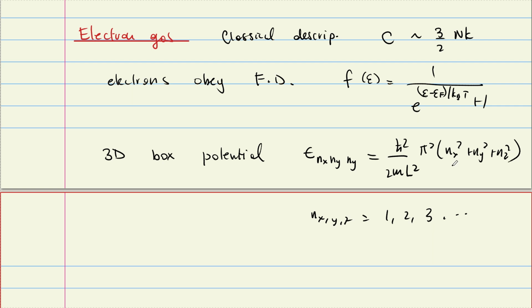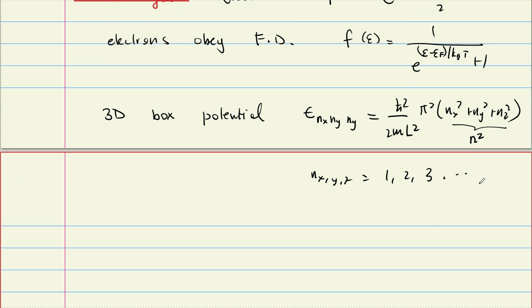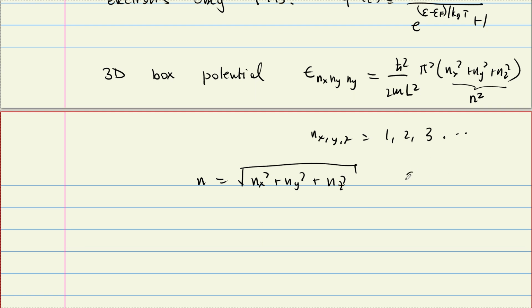Exactly like the 3-dimensional case with the photon gas, or black body radiation, let's call this n squared. In the photon gas we had j_x, j_y, and j_z, and an arbitrary j that could be in any direction. Here we are going to use the n index for that, and n squared is equal to n_x squared plus n_y squared plus n_z squared, and E_n is equal to h bar squared over 2mL squared, pi squared n squared.